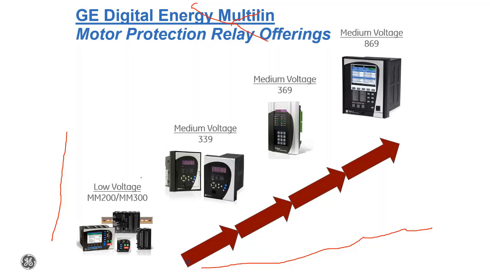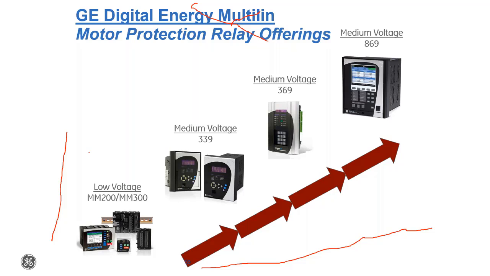So the 469 is an SR relay, like the 745, 750s, 469s. A couple of years ago we announced the obsolescence plans, and the last time buy window for the 469 is the end of this year. The 369 is still around. No obsolescence plans have been announced as of yet.